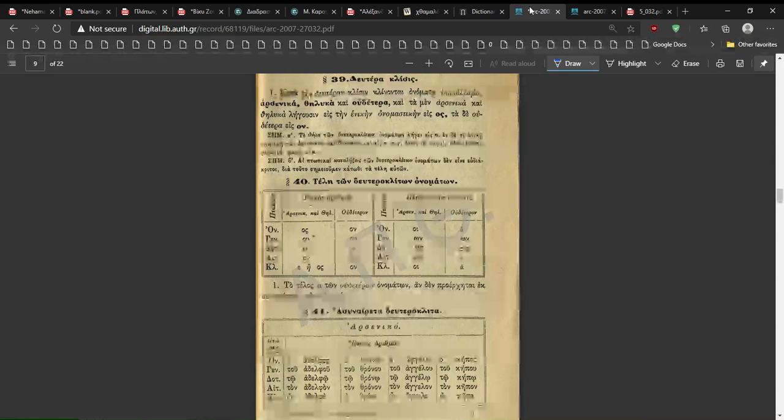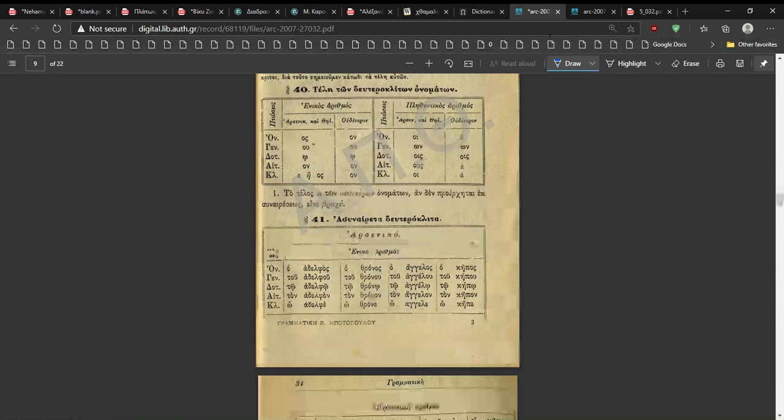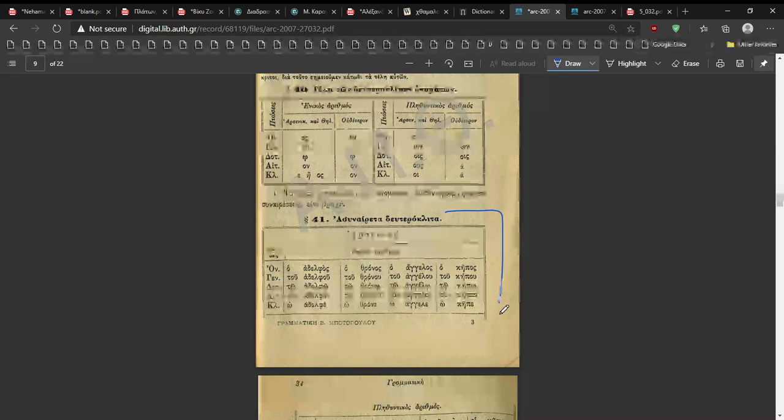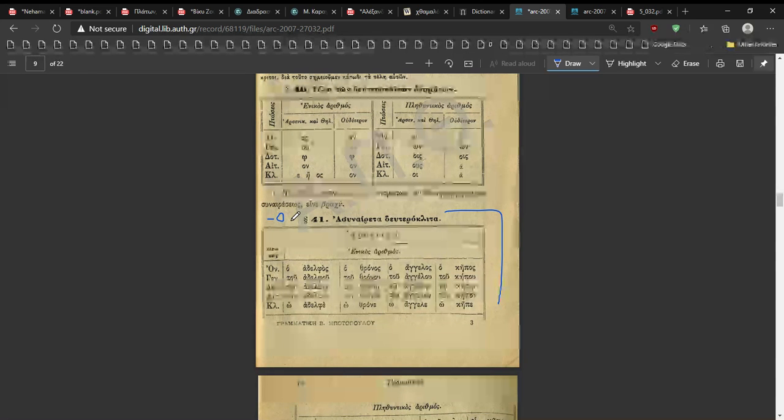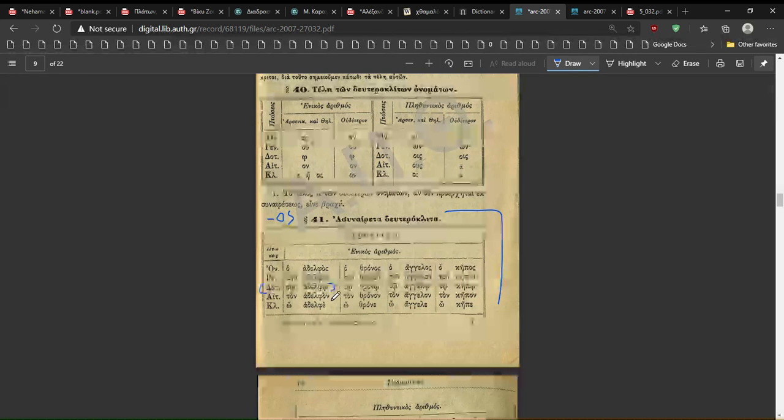Okay, let's start with this word here. So, δευτερόκλητα αρσενικά, these are masculine words in os, and they're very close to what you have in modern Greek. The difference is there would be no dative, so you have here the dative, which no longer exists, and here there would be no n.